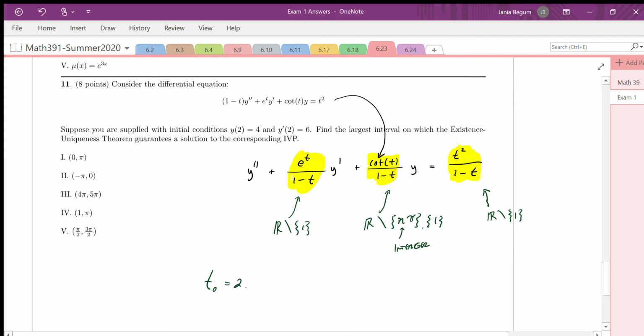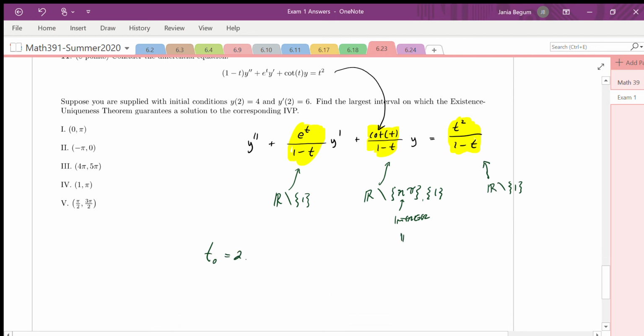So if I were to write this domain out in interval notation and let n run some values of integers, we have, say, 0 to pi, that's 1, and then pi to 2 pi, and well, where's 1? Well, we know pi is 3.14, right?